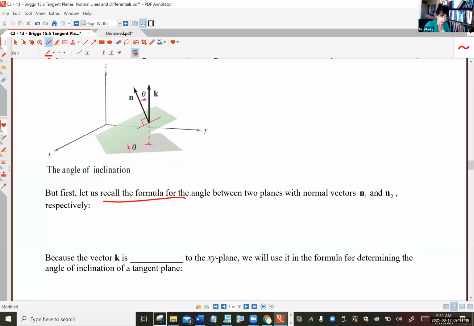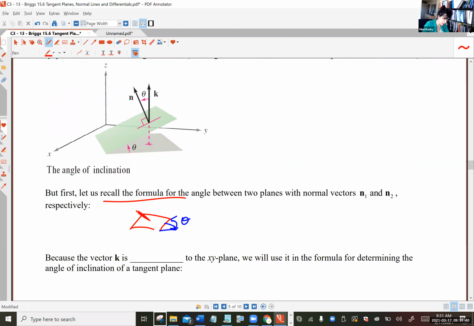Recall from about a month ago that when you had two planes, just regular planes, not necessarily tangent planes, and I asked you to find the angle between them, there was an angle theta. You basically found the angle between the normal vectors instead, using the formula.